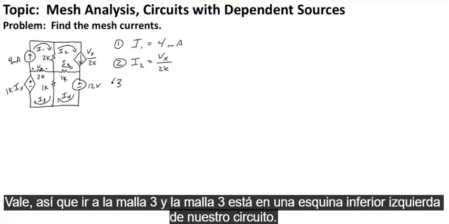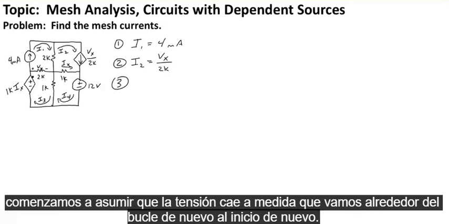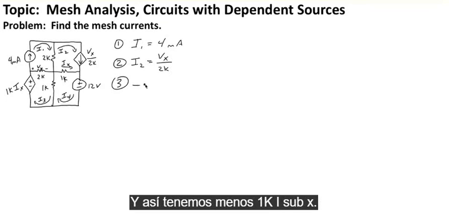Okay, so going to mesh 3, which is in the lower left-hand corner of our circuit. If we start at the lower left-hand corner of that mesh and start summing the voltage drops as we go around the loop, back to the start again, we first encounter the negative polarity of the current-controlled voltage source. And so we have minus 1K Ix.